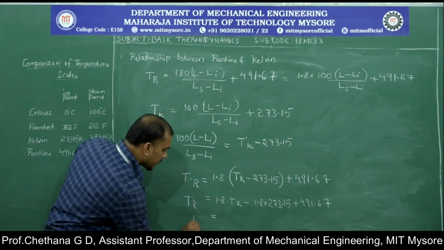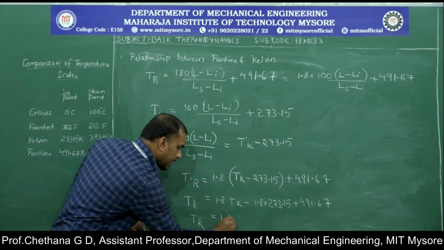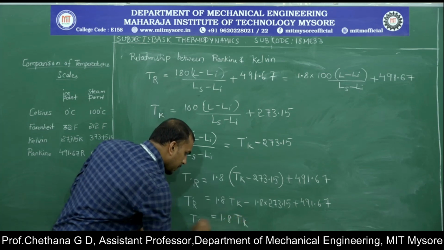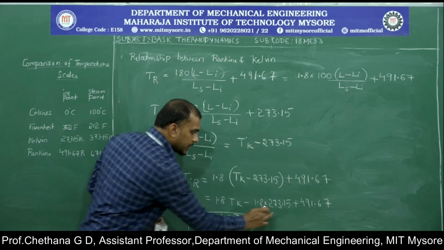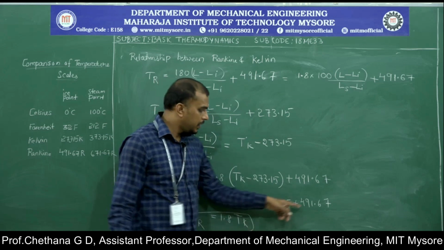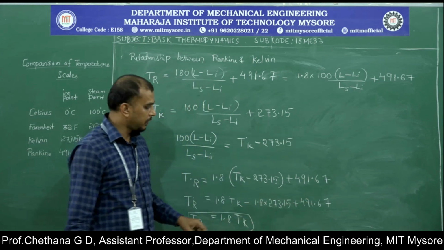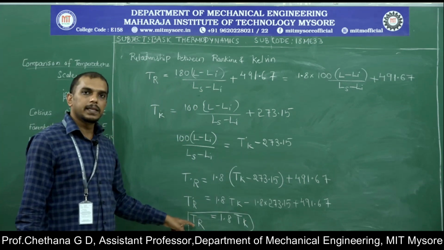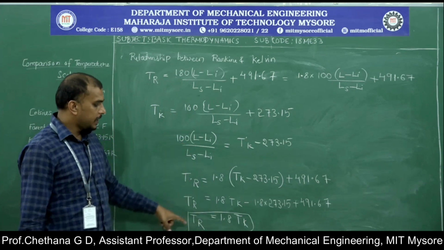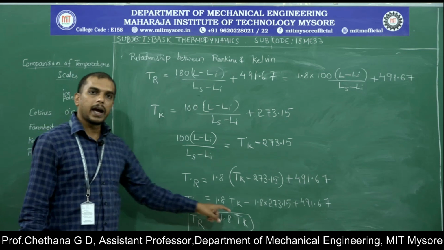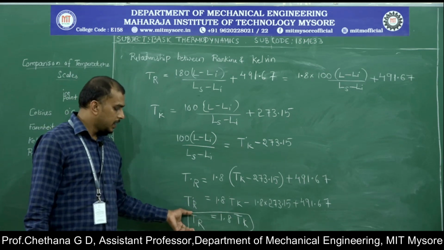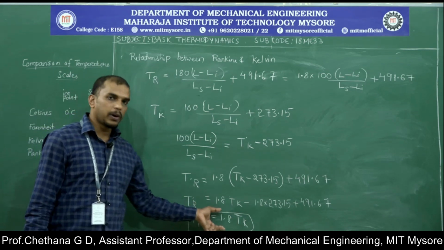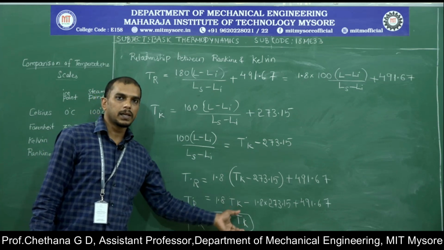This leaves 1.8 Kelvin, because if you multiply 1.8 with 273.15, you end up with 491.67 only. Both terms get cancelled out, and this is the relationship between the Rankine scale and Kelvin. So the temperature in Rankine scale is 1.8 times the temperature in Kelvin scale.